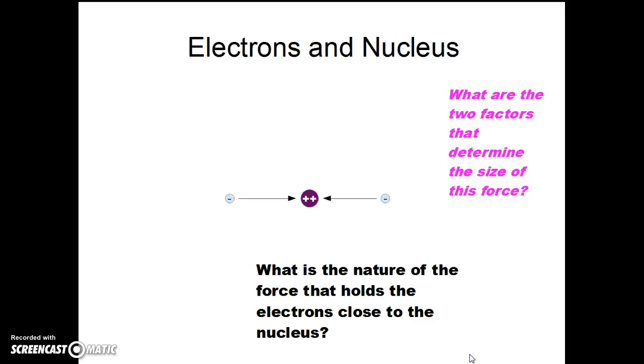The two factors that determine the size of this force, we studied by experiment. The first, of course, is the number of protons. The more protons, the higher the force. The second is the separation distance between the nucleus and the electron that's being taken away.